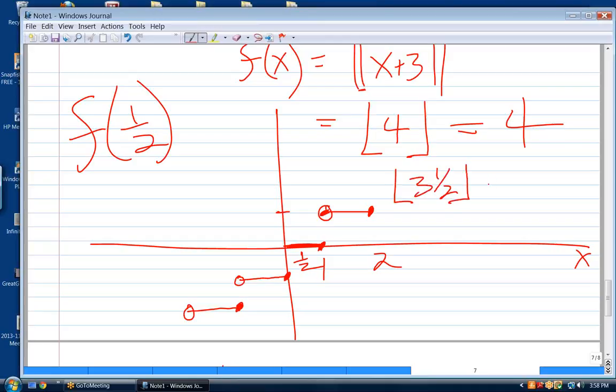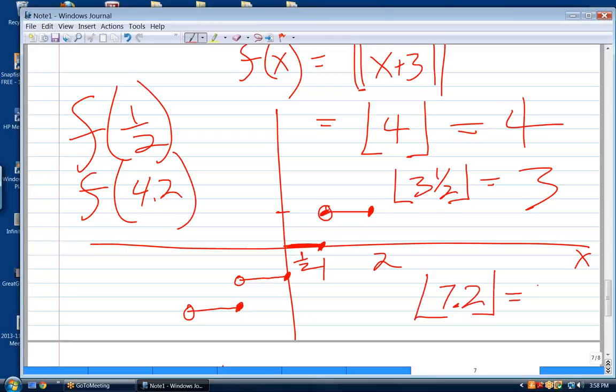And what is that? 3. Okay, and what's another one? F of 4.2. What's that going to be? 7.2, so 7. And the last one is f of -21.6.